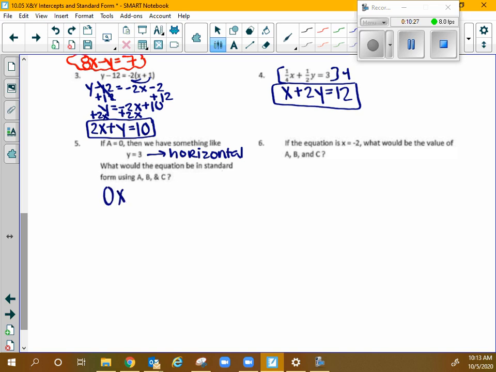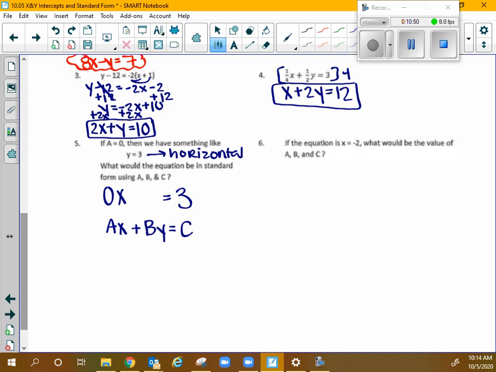So 0x, so if I have ax plus by equals c. Remember at the beginning I said think of c as your constant. What is the constant value in that equation? 3. What was your coefficient of y?